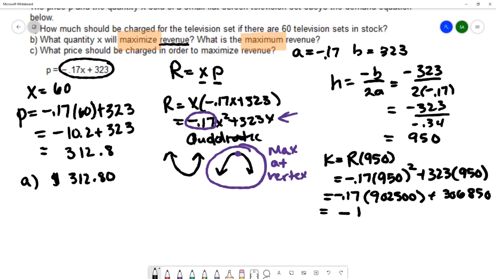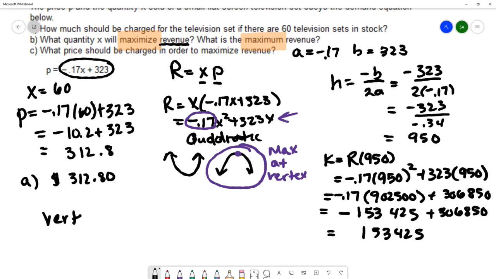That's negative 153,425. And then I will add that to 306,850. And so that gives me 153,425. So we've got our vertex being 950 and 153,425. Make sure we know what these numbers stand for.